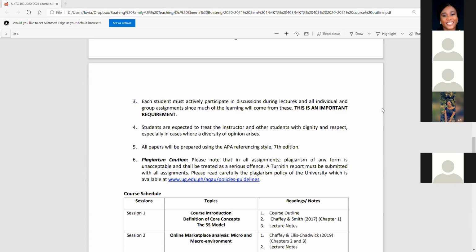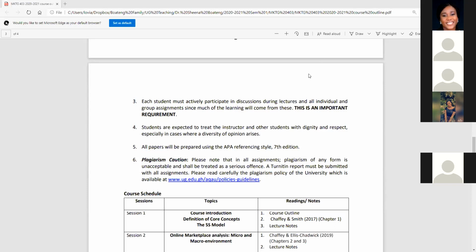Even if you borrow some ideas from certain sources, make sure that you paraphrase these ideas and you give due recognition to whomever you took those ideas from by way of referencing. So give credit where credit is due for those you took the ideas from, but do not take these ideas verbatim.